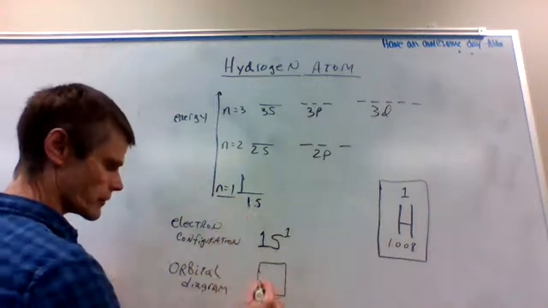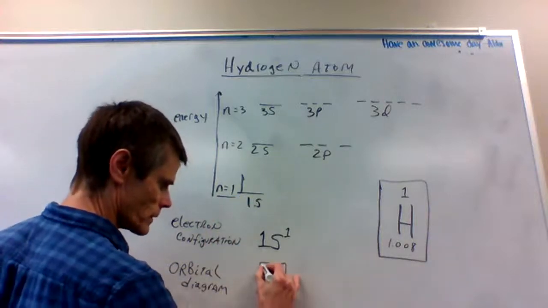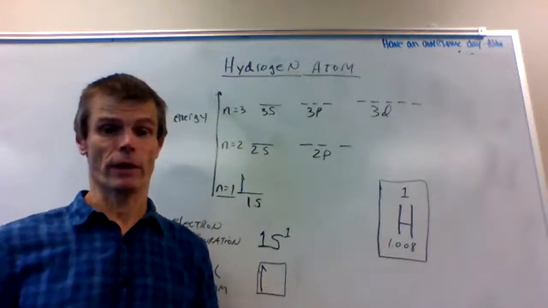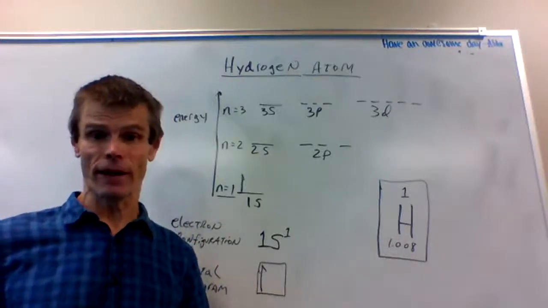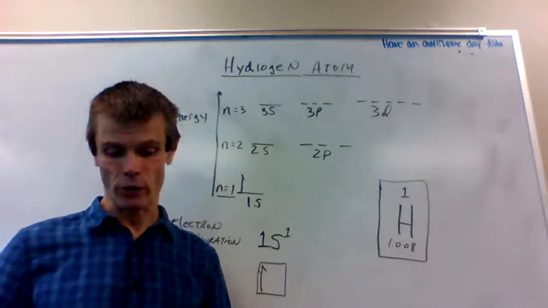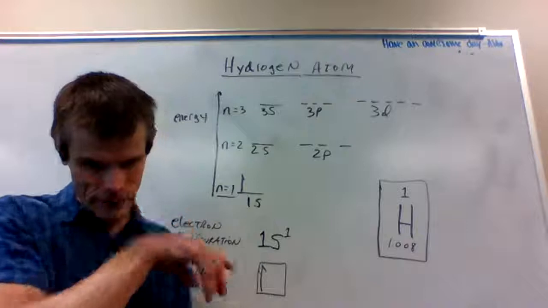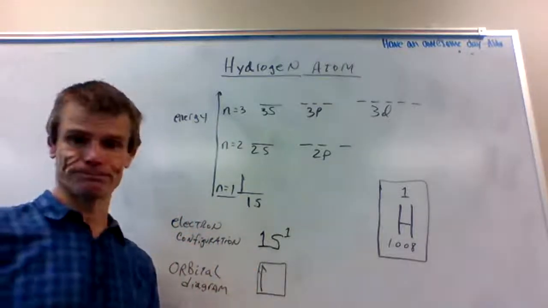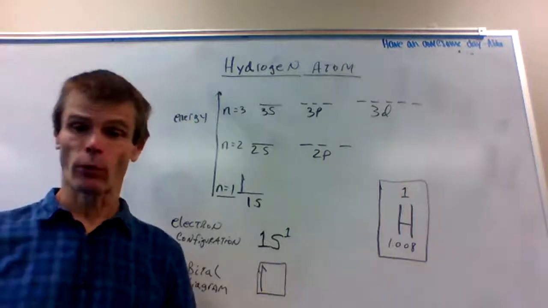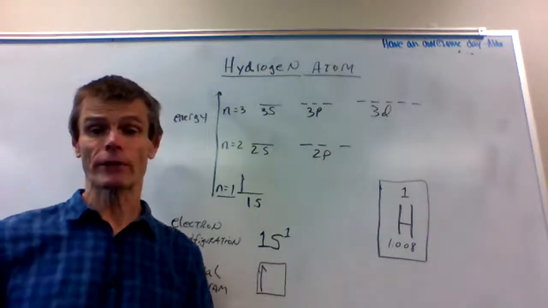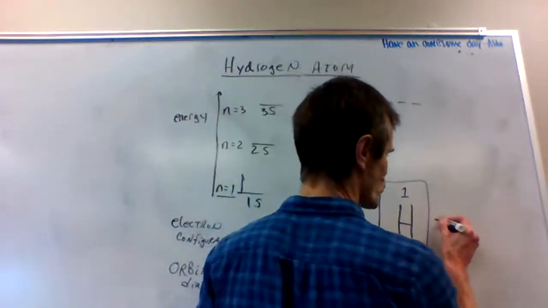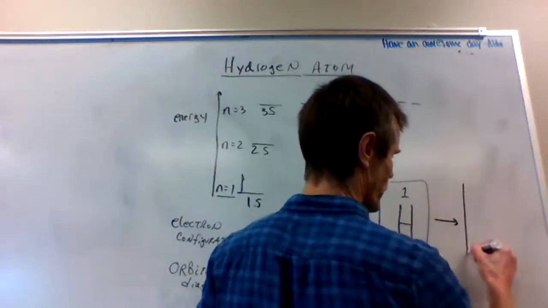In this case, it has a single electron. By convention, we usually show the first electron as spin up. If you show it as spin down, that's fine. It's either spin up or spin down, whichever way you like. But there is only one electron. So that's the hydrogen atom. Pretty simple. Let's move through the periodic table, and we would get to helium.